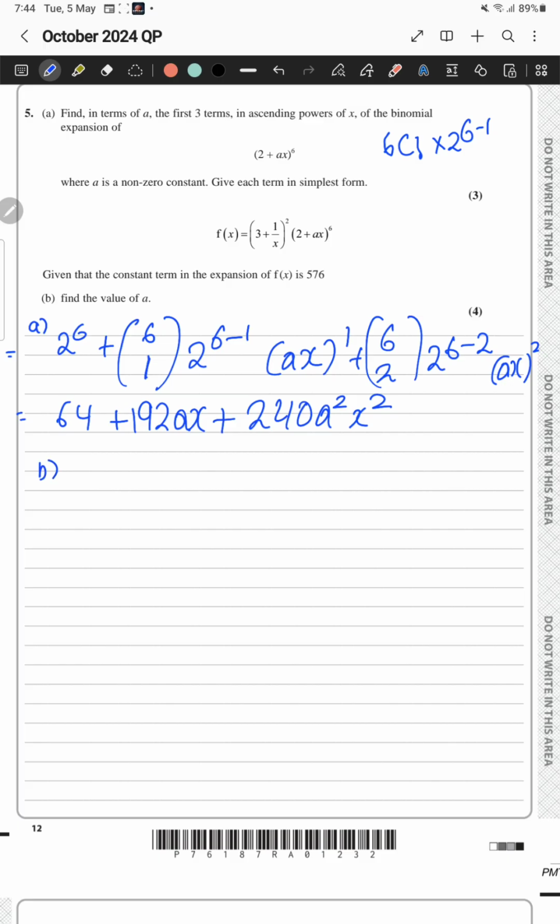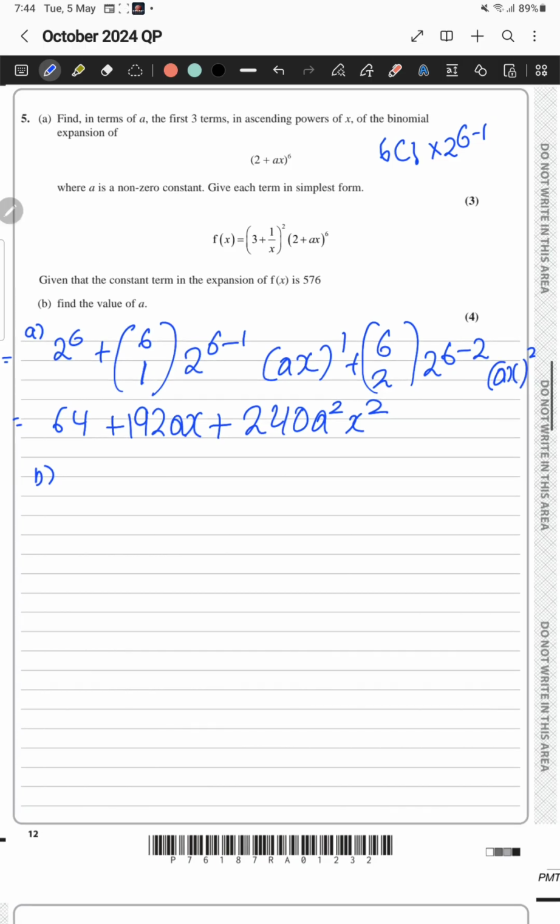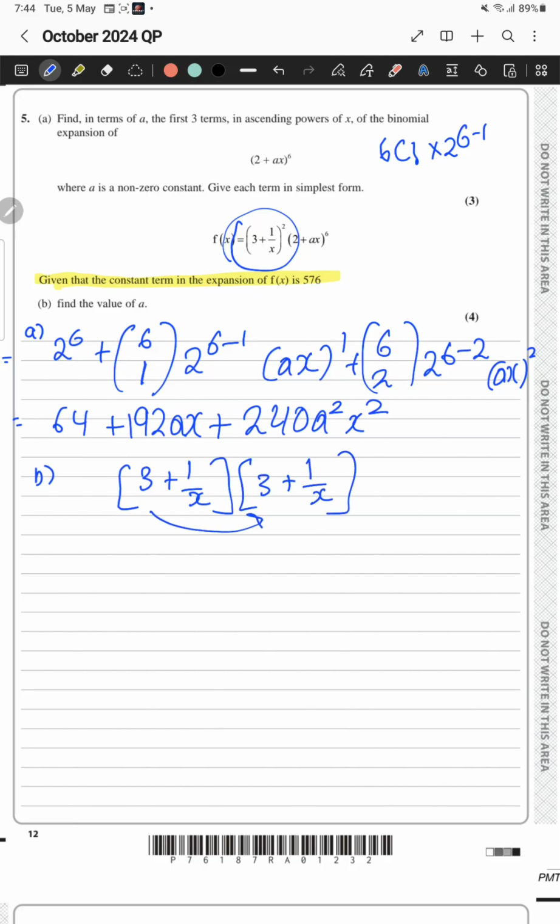Now B part. Given that the constant term in the expansion of f of x is 576, find the value of a. Well, first thing first, let's just expand this. This is going to be (3 plus 1 over x) squared.